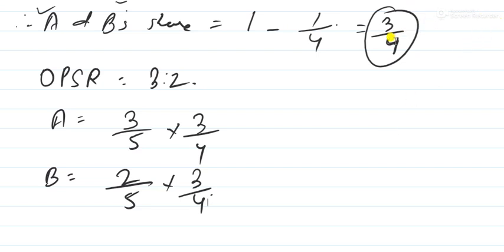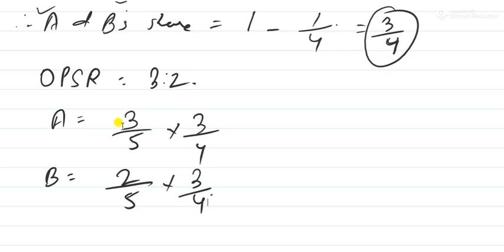This is the new share, and this is to be divided in the old profit sharing ratio. If you want, you can write this down in your copy. This 3 by 4 is to be divided between A and B in their old profit sharing ratio.